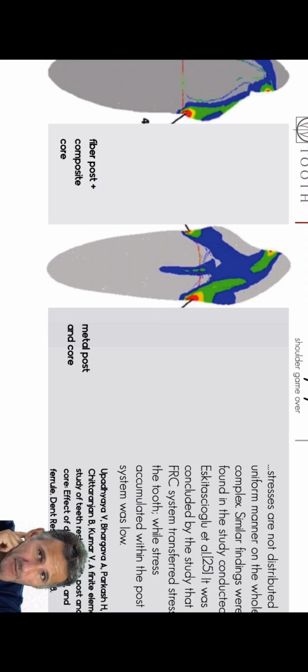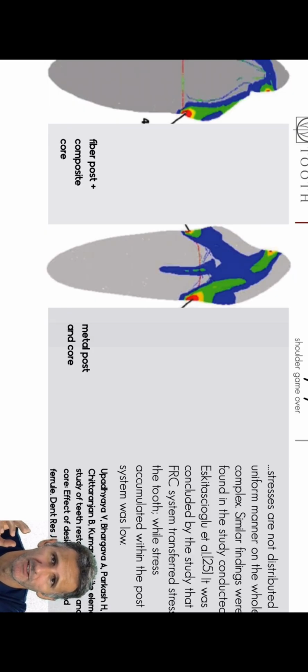Because what happens with fiber posts that are passively cemented in an adhesive way is that the loading of the adhesion leads to a destruction of the bonding, so that after some years there is absolutely no bonding of the fiber post.